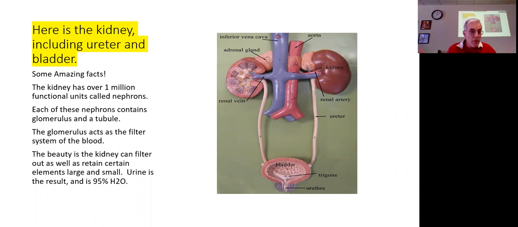So it's a beautiful organ, and luckily we have two. Another thing is if you lose one of them, you can still operate quite well on one kidney. Maybe not so with other systems.